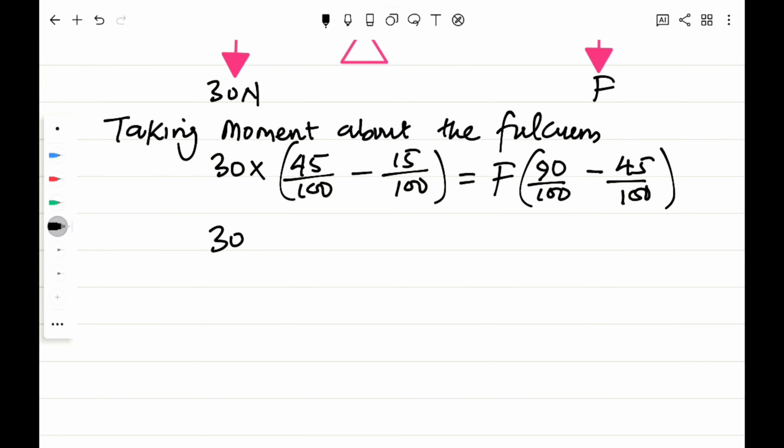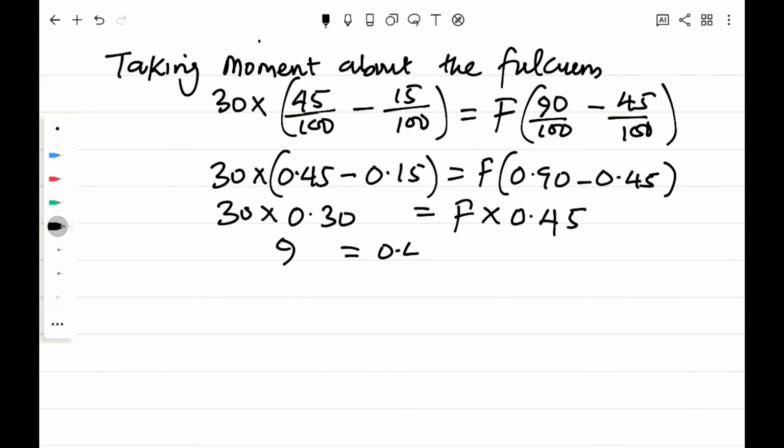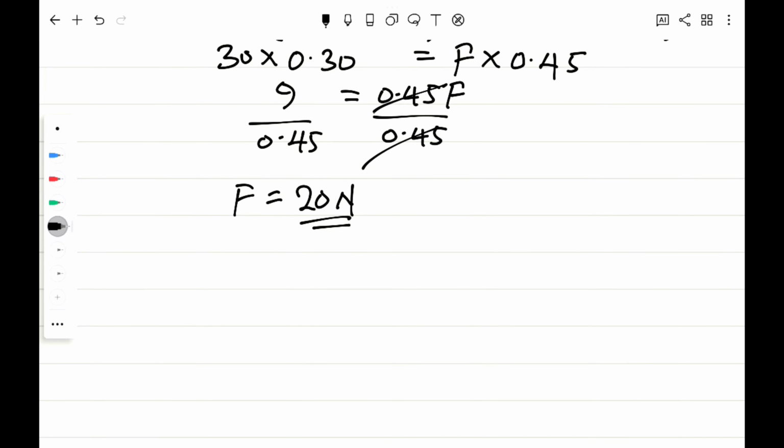So 30 multiplied by 0.45 minus 0.15 is equal to F multiplied by 0.90 minus 0.45. So 30 times 0.30 is equal to F times 0.45. So 9 is equal to 0.45 F. Divide through by 0.45 so that our F is equal to 20 Newton.